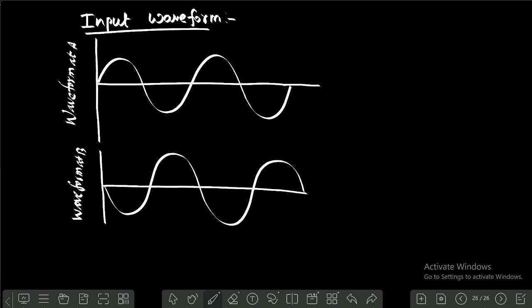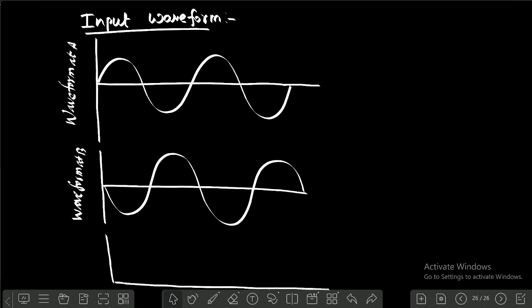Okay. Now last, what to draw? Last you draw your output. Your output will come like this. This is your output waveform, right?